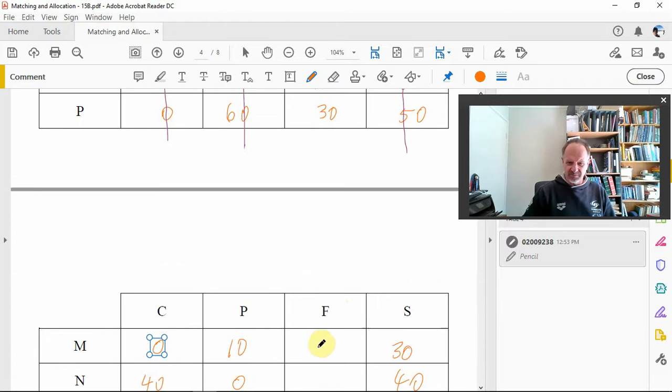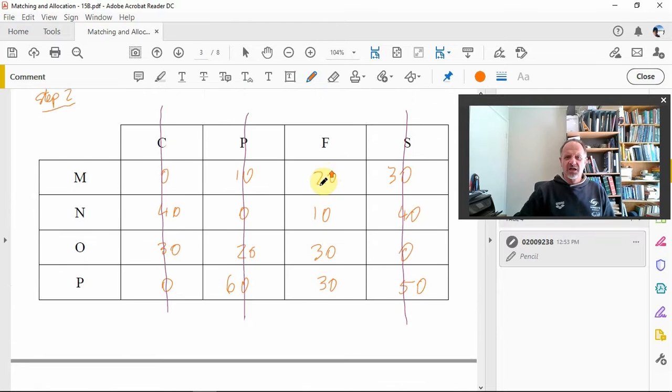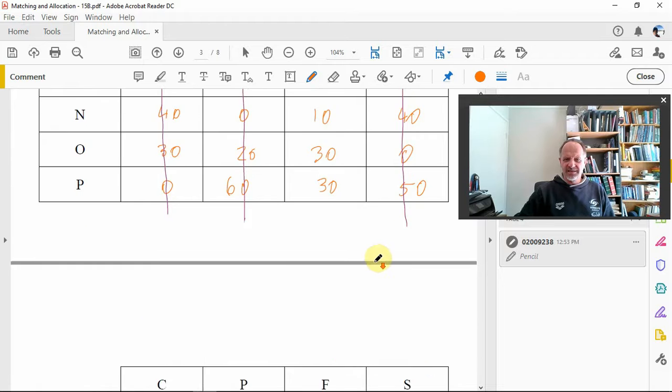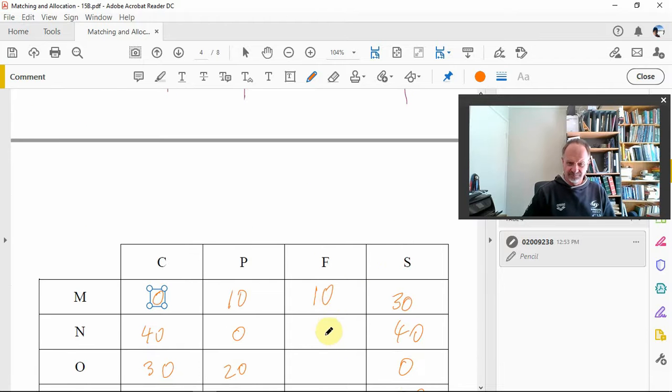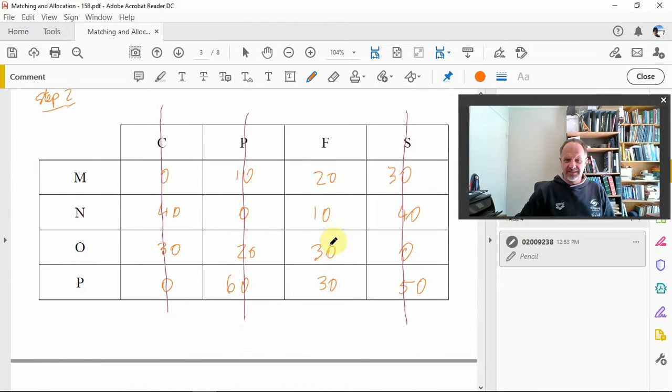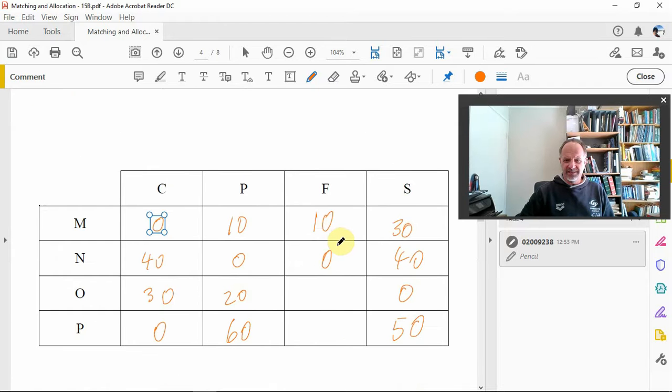I'm going to be scrolling backwards and forwards here a bit. 10 take 10, of course, is 0. Next one here, 30 take 10, both of them are 30. 30 take 10 is 20, so we've got a 20 here and a 20 here. So that's step 3 that we've done.